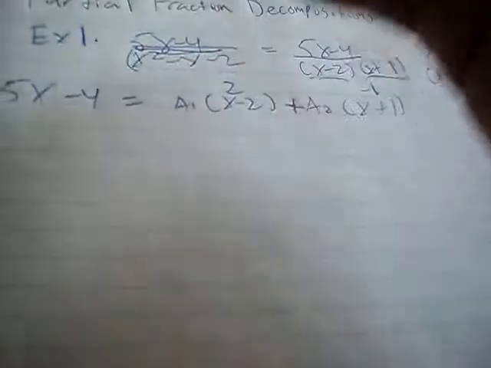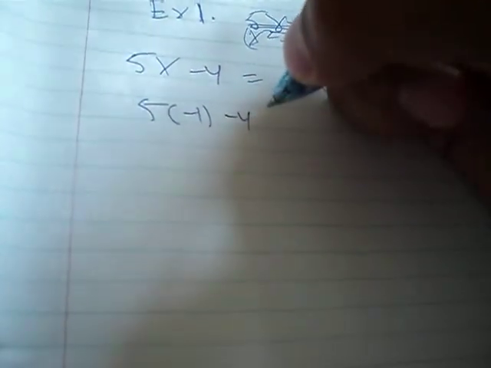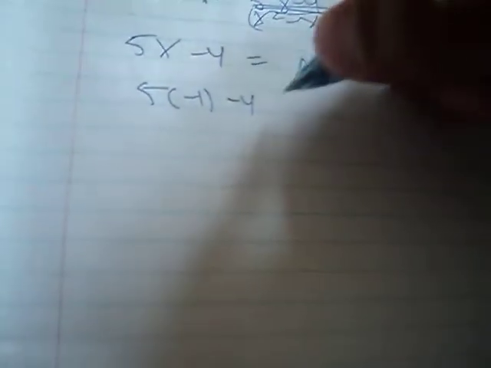So, I say we solve for A2, so it would be 5 times negative 1 minus 4 equals A2 times negative 1 minus 2, plus A1 times negative 1 plus 1. Well, that cancels out to 0.